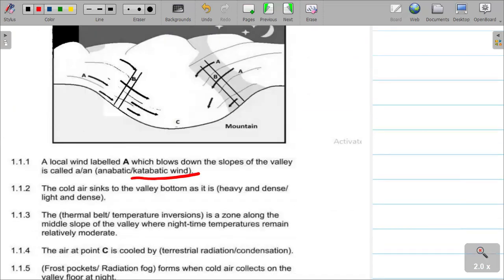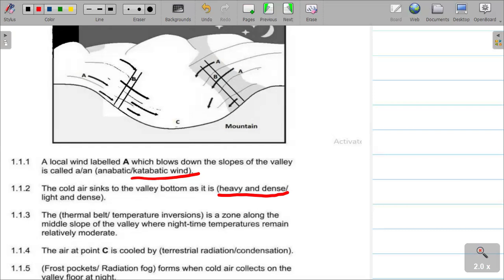And then the cold air sinks into the valley bottom as it is dash, light and dense. We talk about the sinking of cold air to the valley floor. It is because it is heavy and dense. I'm sure you remember this aspect of aerodynamics with regard to the balancing of air masses between cold and warm air.